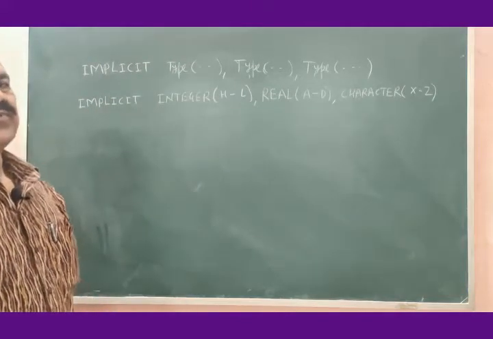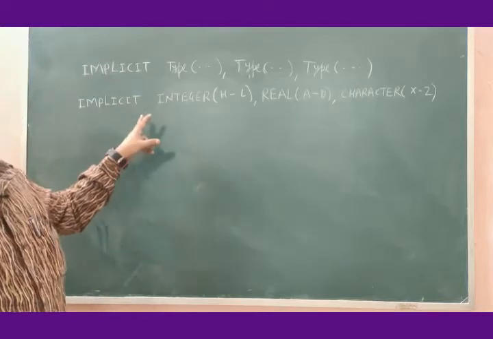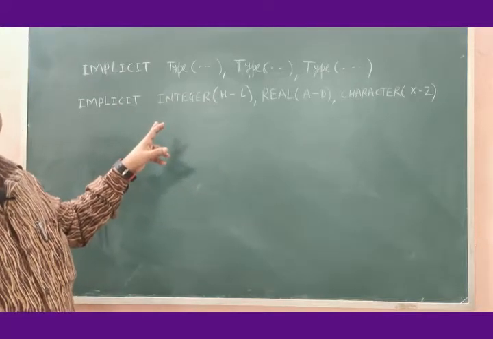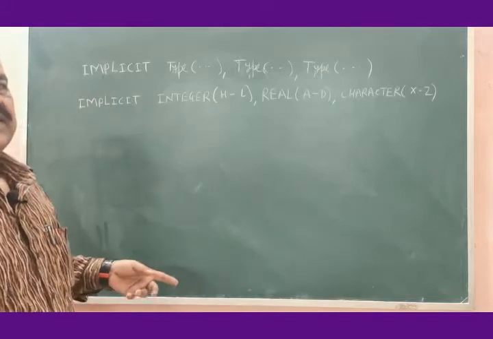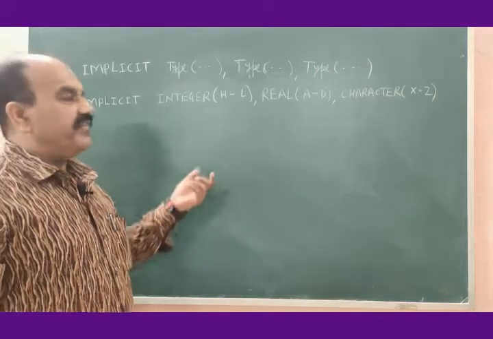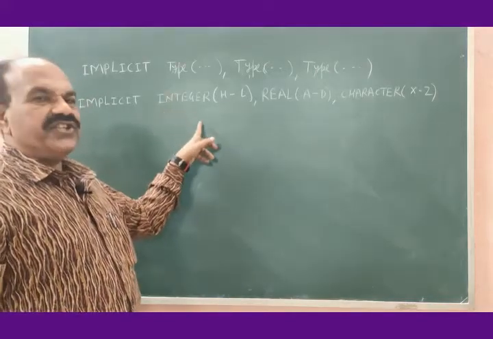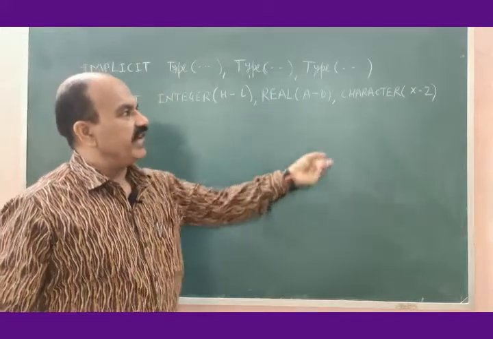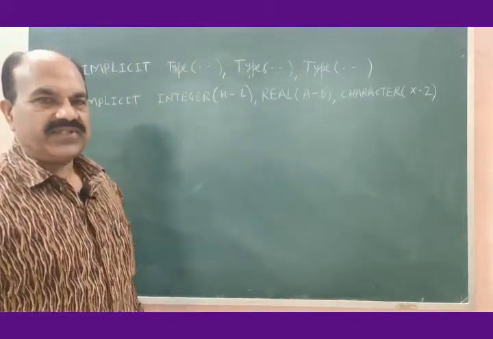Let us see what is the meaning of this. The implicit statement declares three types of variables: integer variables, real variables, and character variables.